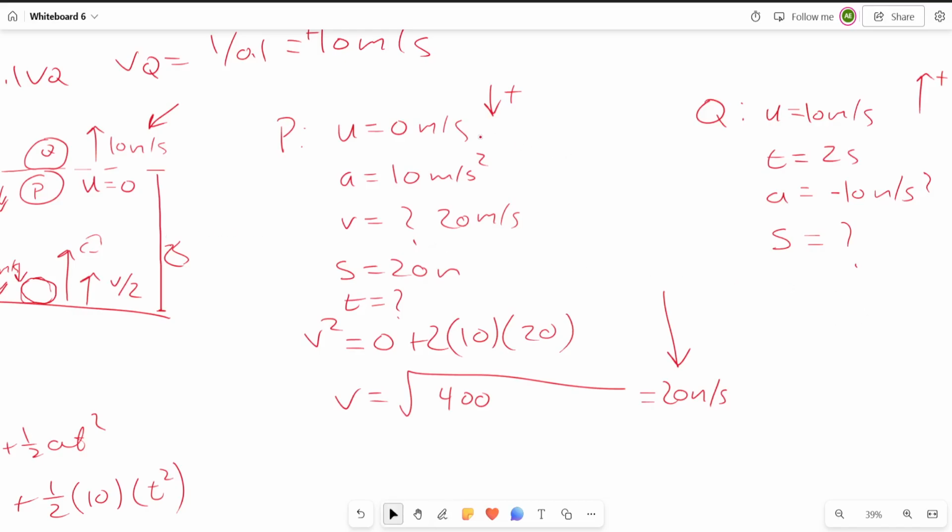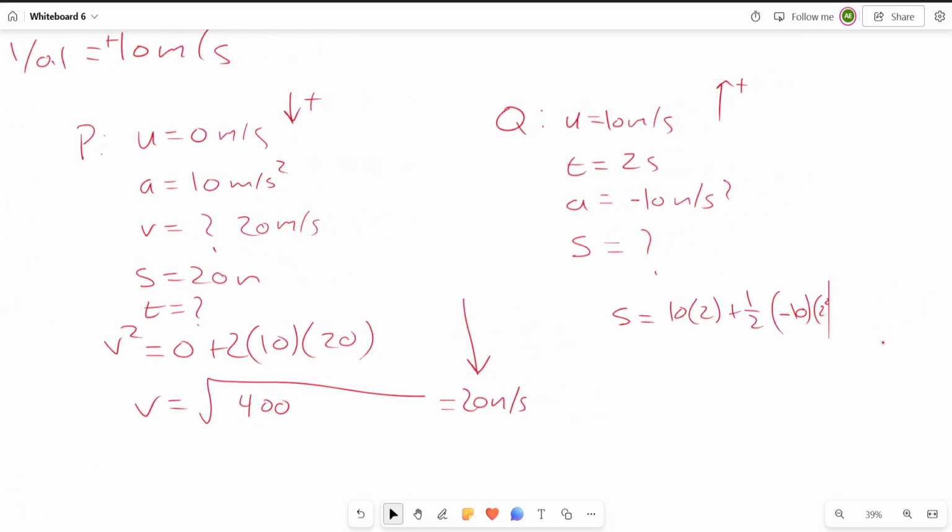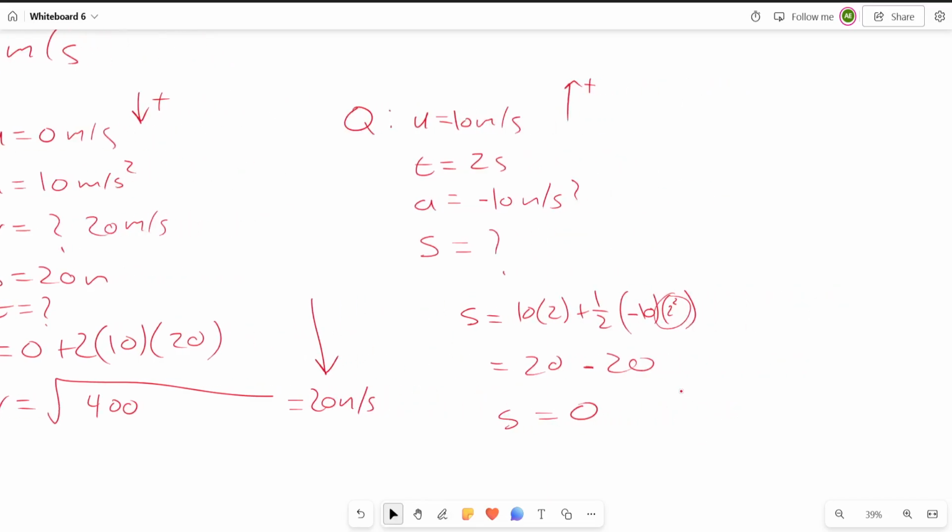So now for s, I can use the equation without a v again, which is s equals ut plus half times a times t squared. So this is going to be 10 times 2, which is 20, plus half times negative 10 times 4, which is negative 20, so my s is going to be 0. Okay, that's super interesting.